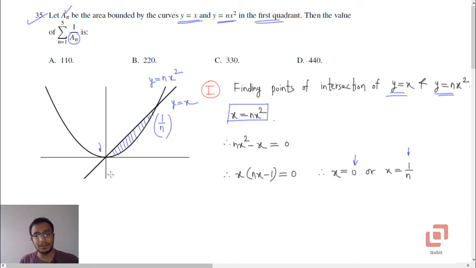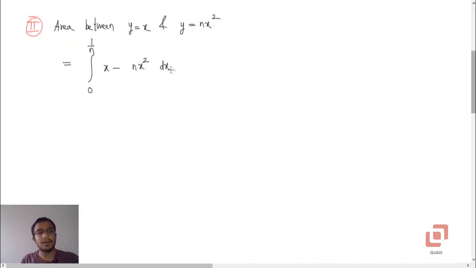Let us now find the general expression for A_n by using integration. The area between y equal to x and y equal to nx squared: as we saw in the diagram, y equal to x will be above the parabola y equal to nx squared. So in order to determine the area between them, we need to subtract this y from this y.